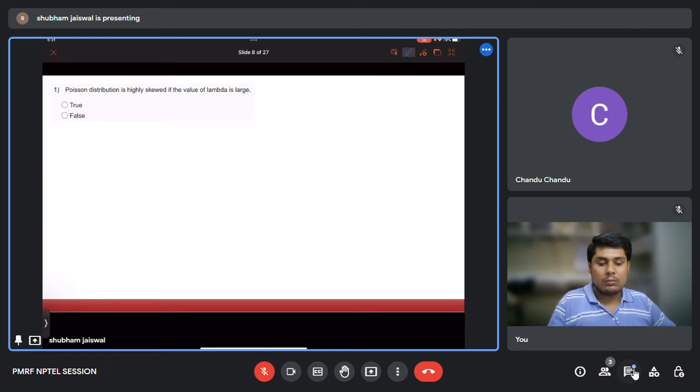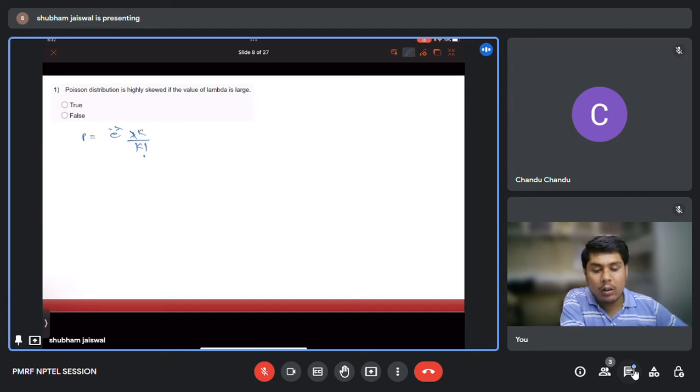So, in Poisson distribution, the PDF is given as P equal to e to the power minus lambda, lambda to the power k over k factorial. Okay.